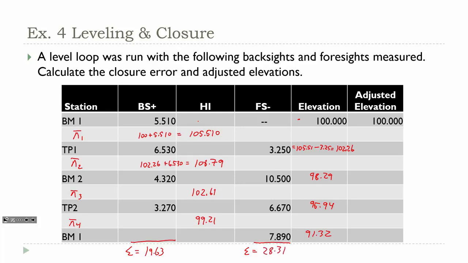Is this a survey you guys did? Probably. So our closure error would be 19.63 minus 28.31. That was probably our second competition. Negative 8.68. So negative 8.68.